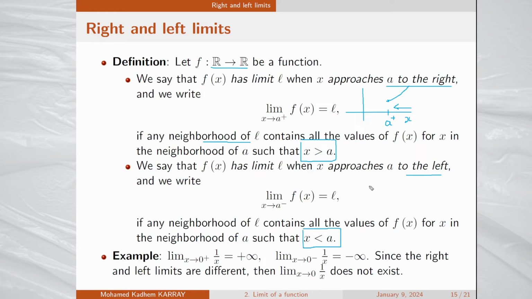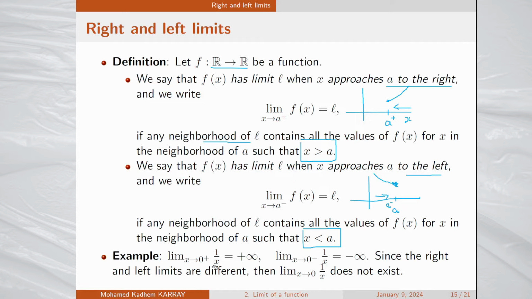So it is a symmetric figure. Here is a, and now we are interested when x approaches a to the left. And we write it here, a minus, to say that it is on the left side of a, and the limit in this case is this one, okay? This limit here.